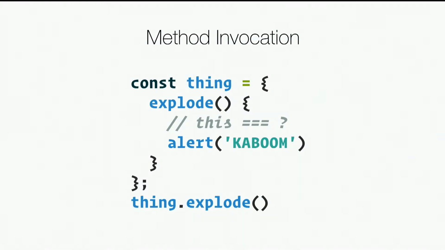Not because it was defined inside thing, but because it was called that way, because it was actually called as a method. Again, if explode had been set up as an event handler, it wouldn't have mattered that it's a method of thing. But since we actually called it as a method, since that's the invocation style we used, this is that object.